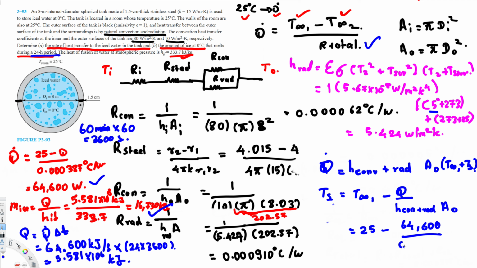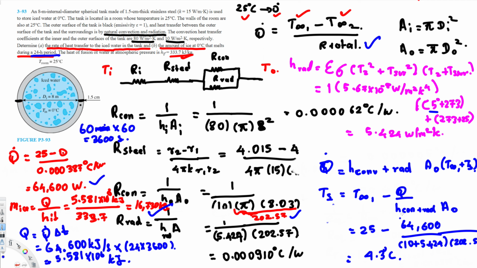So that is 10 plus the one we calculated, 5.424, times the area, 202.57. And if you calculate this one, that's going to give you 4.3 degrees Celsius.